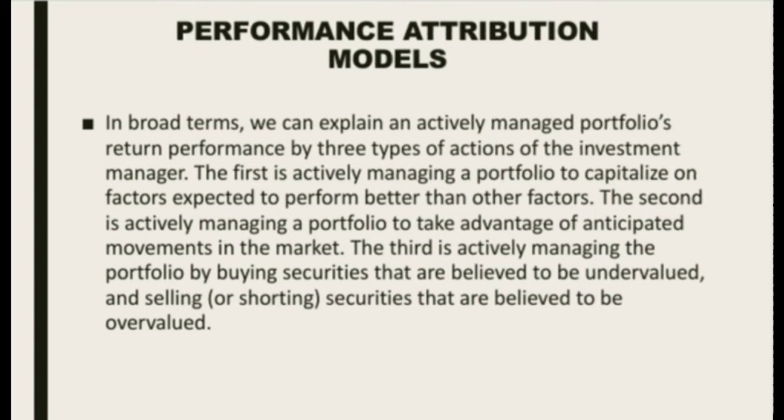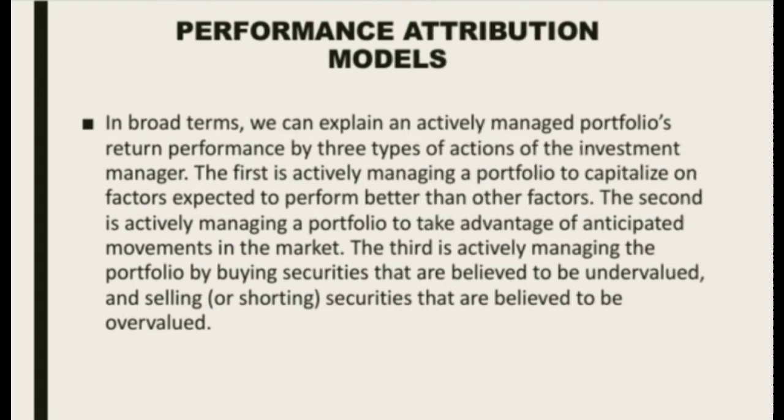Performance attribution models. In broad terms, we can explain an actively managed portfolio's return performance by three types of action of the investment manager. The first is actively managing a portfolio to capitalize on factors expected to perform better than other factors. The second is actively managing a portfolio to take advantage of anticipated movements in the market.